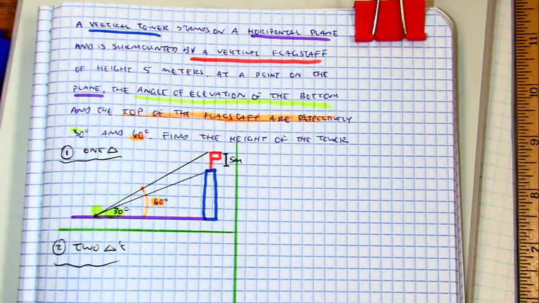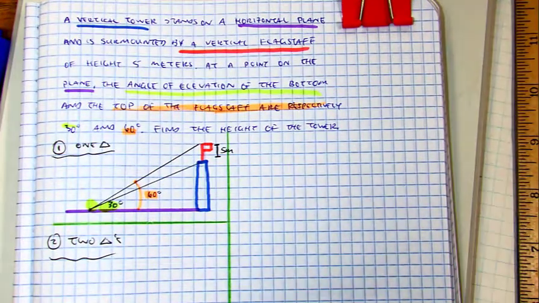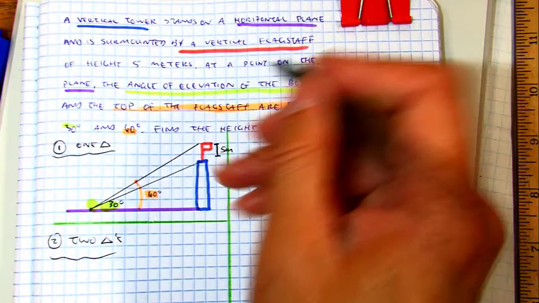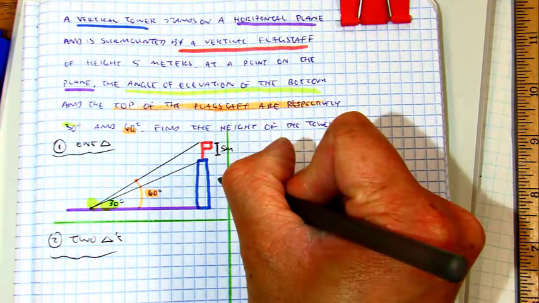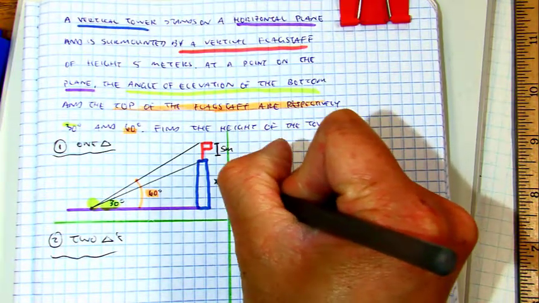Find the height of the tower. So they want to know the height of the tower here. They want to know just the blue, right?